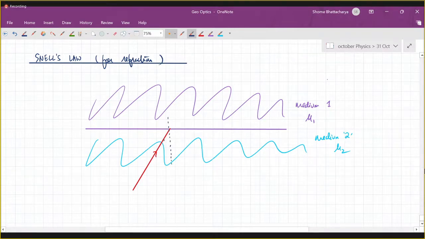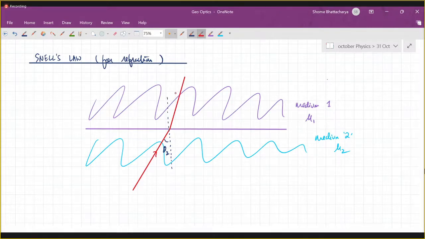The angle made by the incident ray, we'll call it theta_2 because it is in medium 2. Now it will tend to bend depending on the refractive indices. I'm assuming it's going to bend like this because I'm assuming that medium 1 is denser than medium 2.